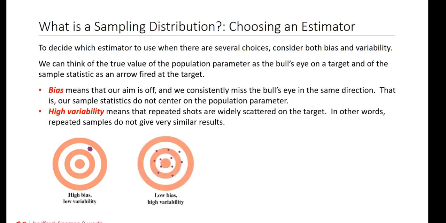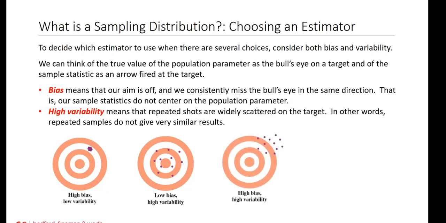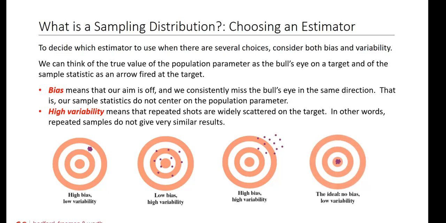Low bias means you are centered around the bullseye, but if the variability is high, you're not actually hitting the bullseye very much. High bias means you're not aiming at the target. High variability means they're all spread out. This is terrible. This would be the best, right? No or little bias and very low variability, so they're all clumped in the center.